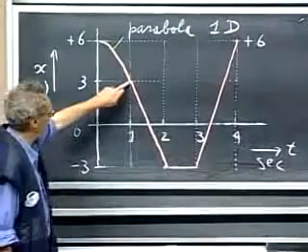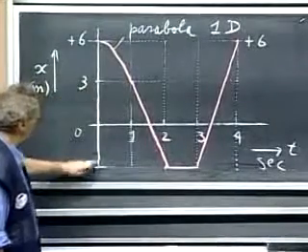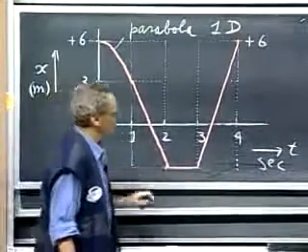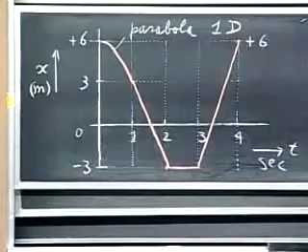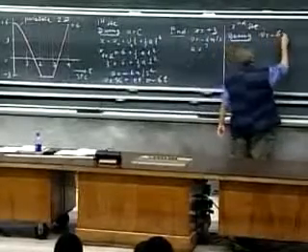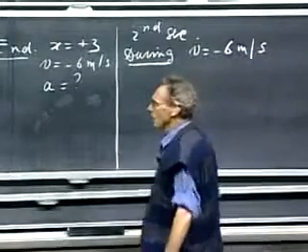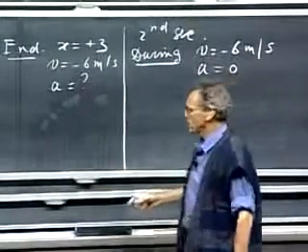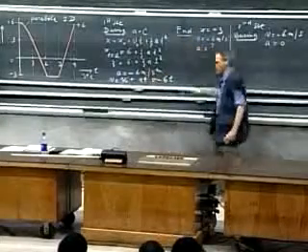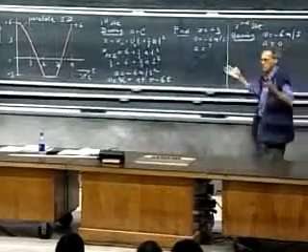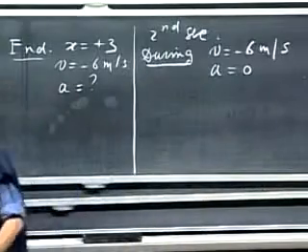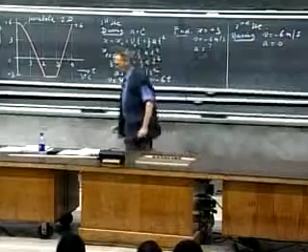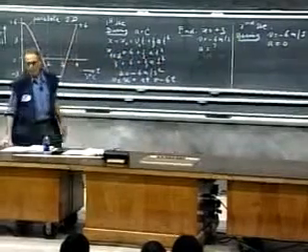That is exactly what it was at this point at the end. You can see it goes 6 meters from plus 3 to minus 3 in 1 second. So the velocity is minus 6 meters per second. The acceleration is therefore 0. You see that the acceleration changes abruptly from minus 6 meters per second squared to 0. So I can't tell you what it is exactly at this moment in time. So that's the situation during the second second.